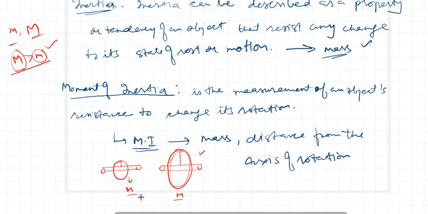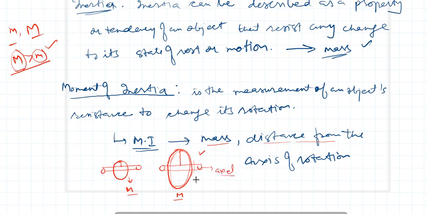So that means this moment of inertia depends upon the mass and the distance from the axis of rotation, right? So this must have the large moment of inertia in comparison to this, because both have the same mass, but the distance will be smaller here from the axis of rotation, or axle, the axle about which this wheel is rotating.